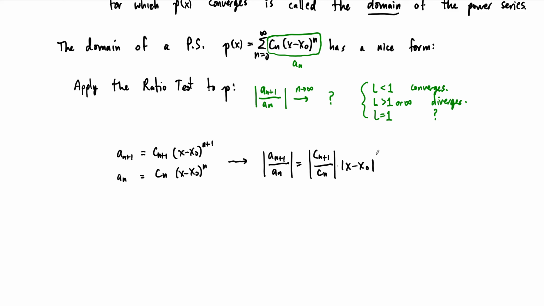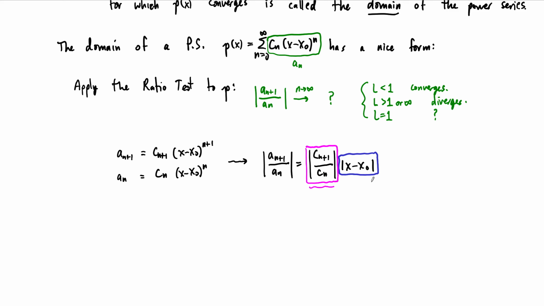Okay? And at this point, we can see that for any fixed value of x, right, this term is going to be a constant. x naught is already a constant, and if we fix our x value, this is a constant. So in other words, n is not playing any role here, and the limit as n goes to infinity only actually works on this ratio of the coefficient sequence.